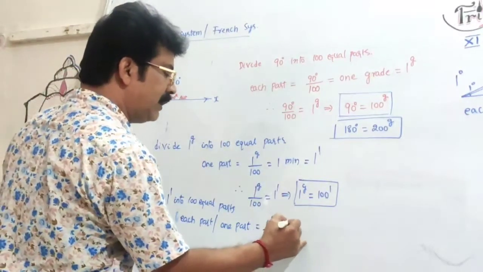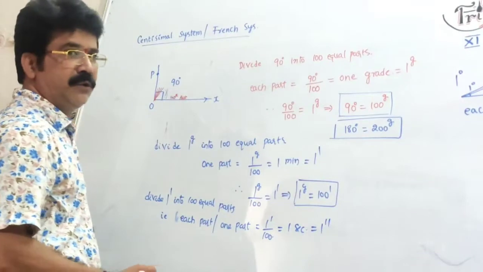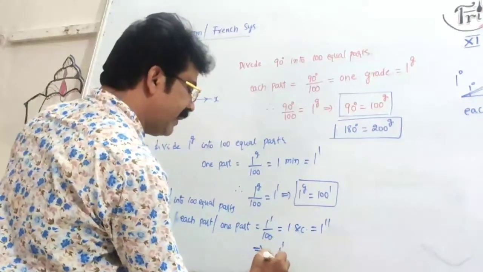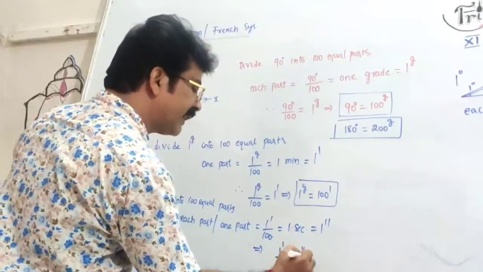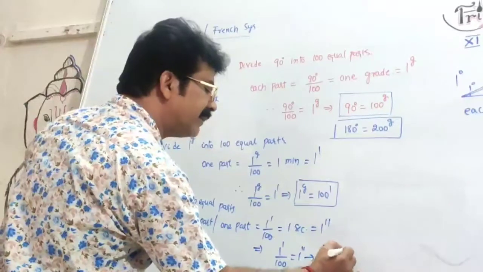This is called 1 second, denoted by 1 with two dashes. Therefore 1 minute by 100 equals 1 second. By cross multiplication, 1 minute equals 100 seconds.